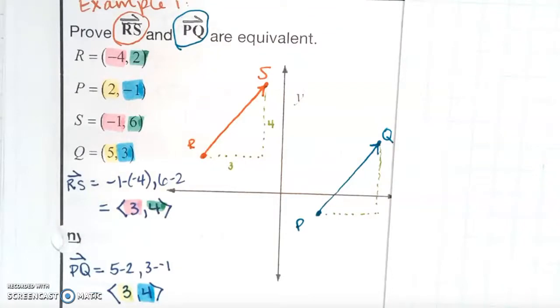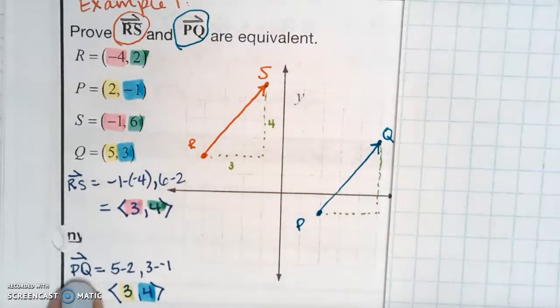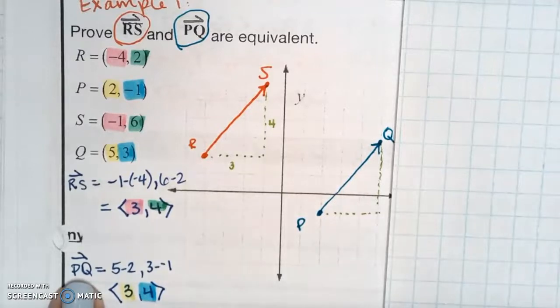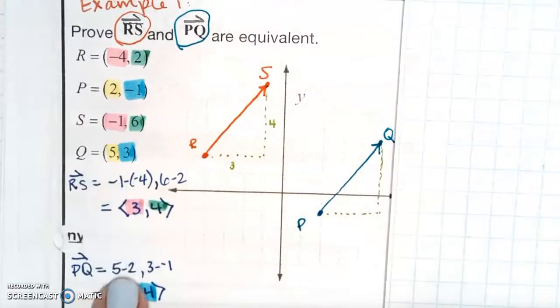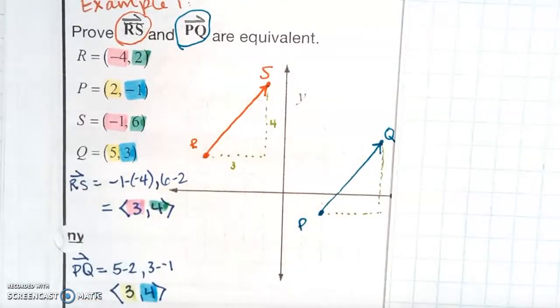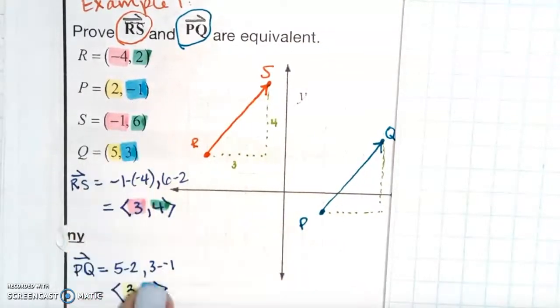Now we're going to do the same thing with the other vector, which they named PQ. So we want to do the terminal minus the initial. The terminal is the second one, so Q minus P, so 5 minus 2. That gets us our 3. Then we want to do the y values, 3 minus -1. We actually end up adding them, and we get a 4.